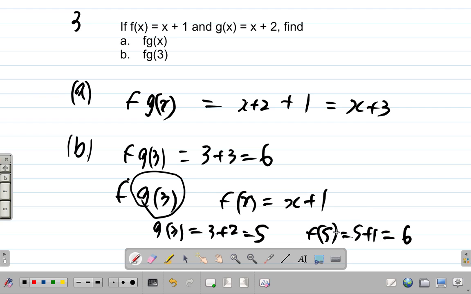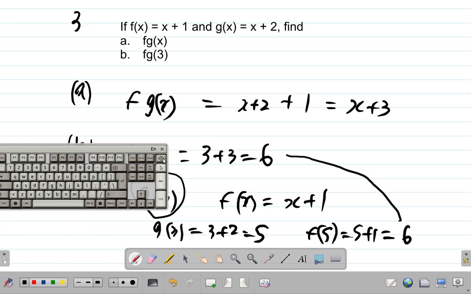When you find fg of 3, you're really finding f of 5, which is 5 plus 1. And that gives you the same 6 that you have here. Right? So fg of 3 is 6. Well, that's it for now.